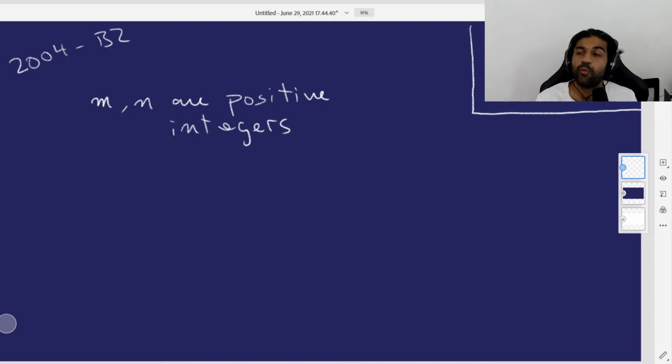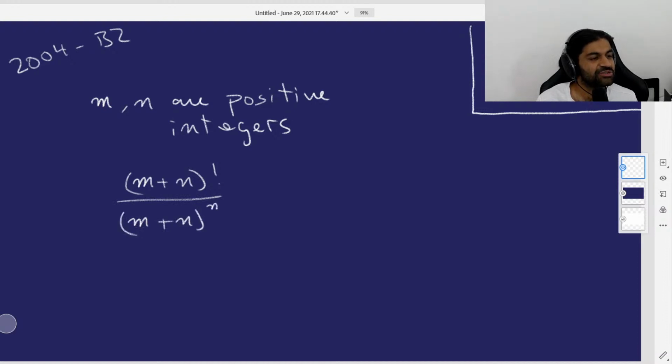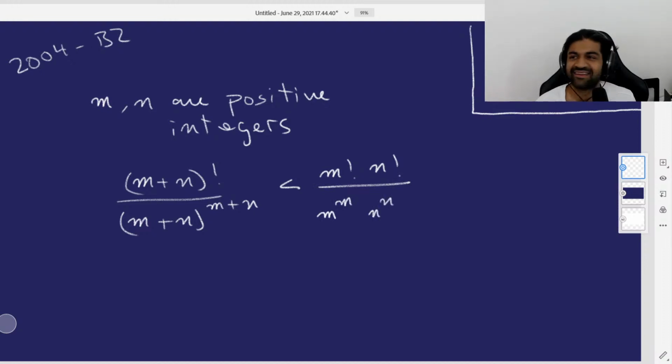What you need to show is that (m+n)! divided by (m+n)^(m+n) is less than m! n! divided by m^m n^n. I will say this is a deceptively simple problem.